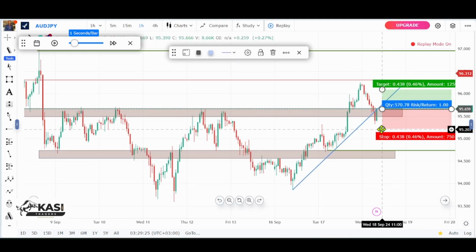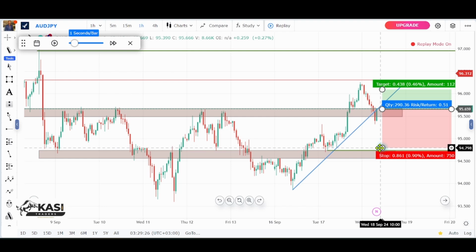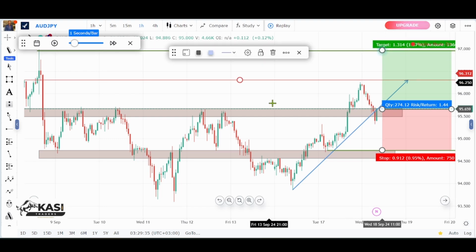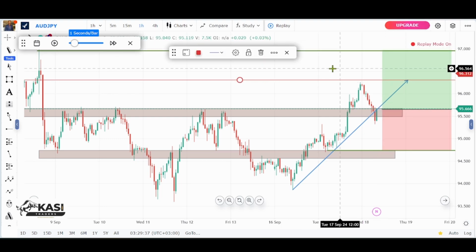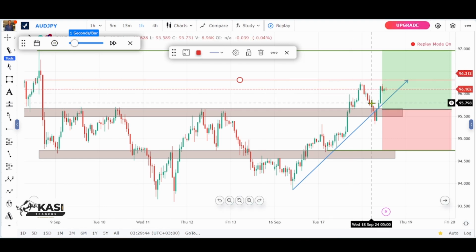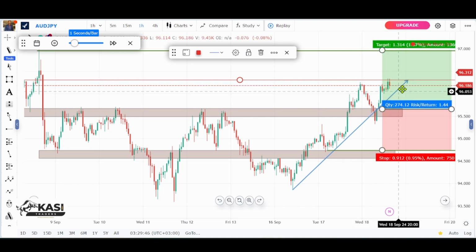Let's see what happens. You can also see the market has also respected the trend line.